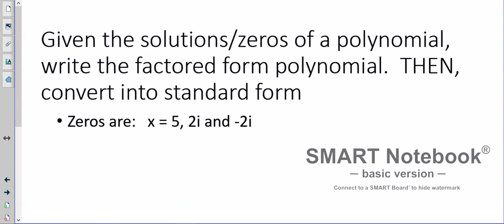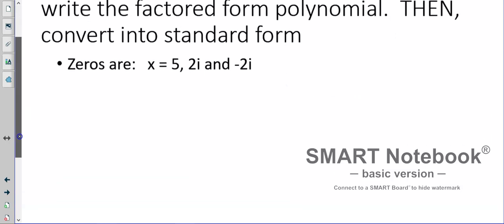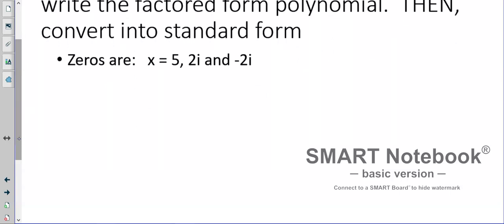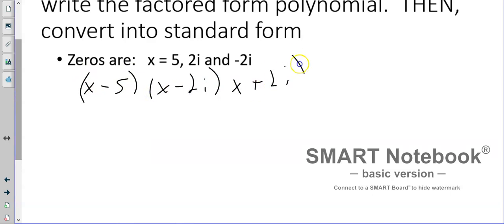All right, a little trickier here. Okay, now we have some i's involved. All right, so 5 comes from x minus 5. 2i comes from x minus 2i. And negative 2i comes from x plus 2i. So I'm going to keep my system going, and it works nicely on this one.